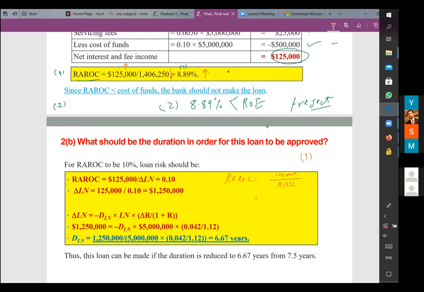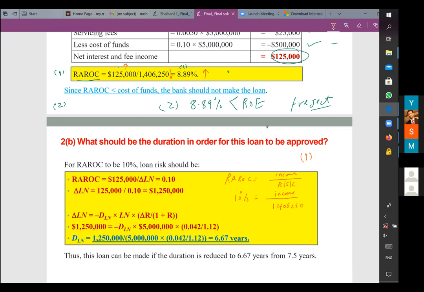And this should be, I need 10%. The income now, I want to know how much to accept it. And the risk, I already know, which I calculated already here, 1,406,250.